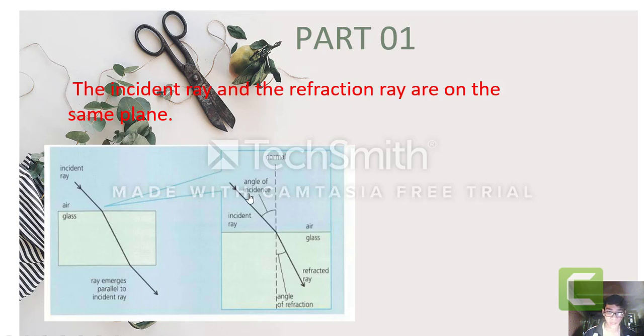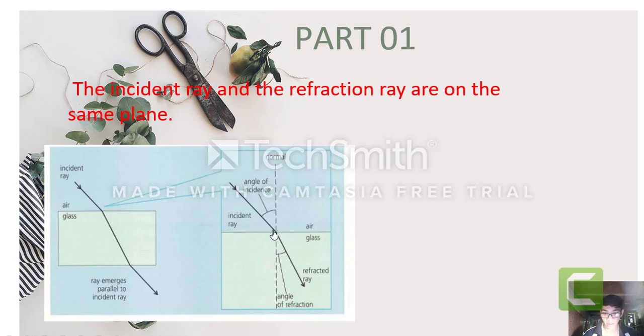And we have the incident ray and the refracted ray, and we have the angle of incidence and the angle of refraction. The angle of incidence is the angle between the incident ray and the normal.